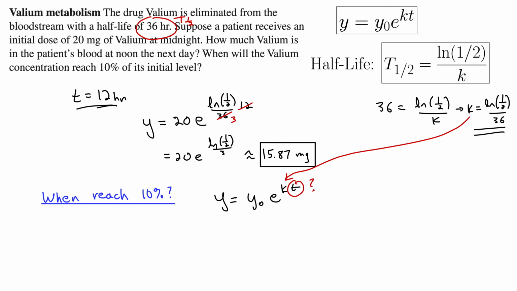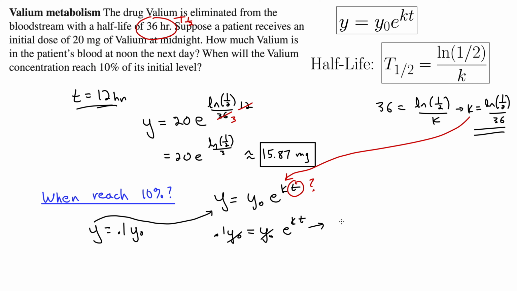When the current amount reaches 10% of the initial amount, we have the current amount y equals 0.1 of the original amount, y naught. So we can plug that in for y, and we get 0.1 y naught equals y naught e to the kt. And then look, these y naughts cancel out.